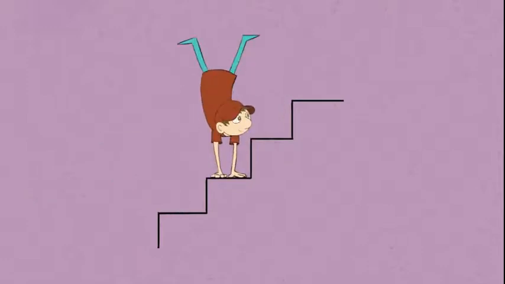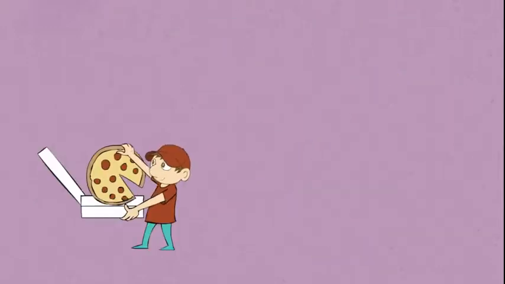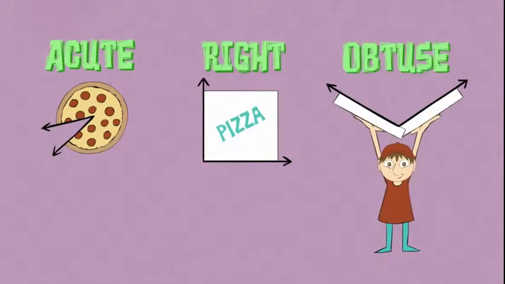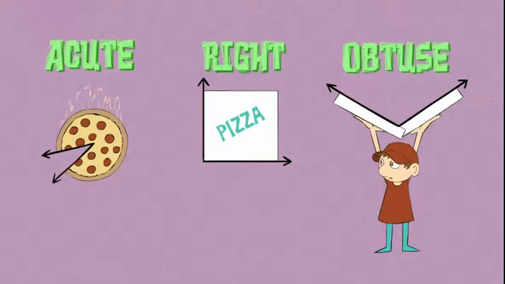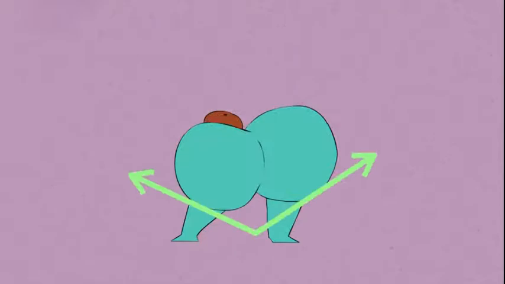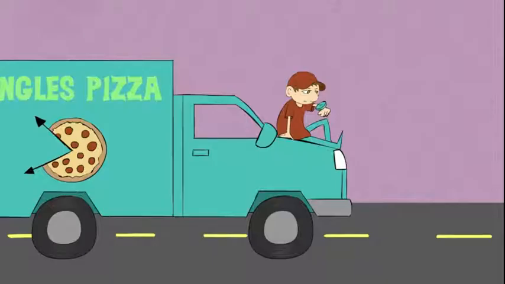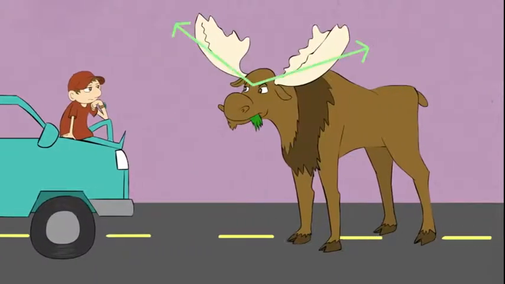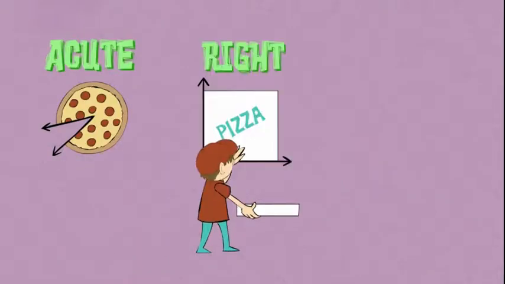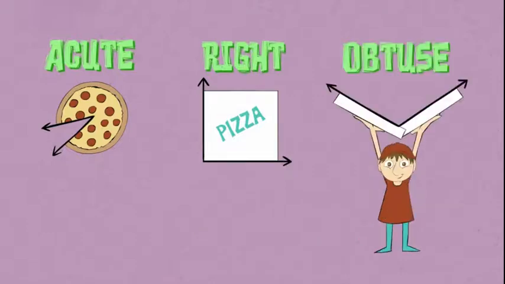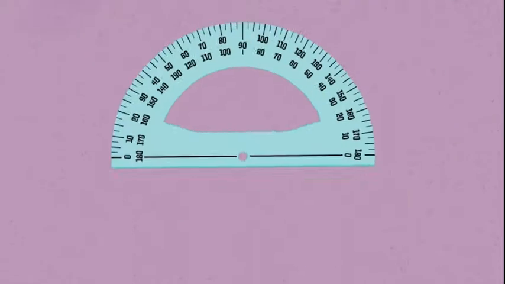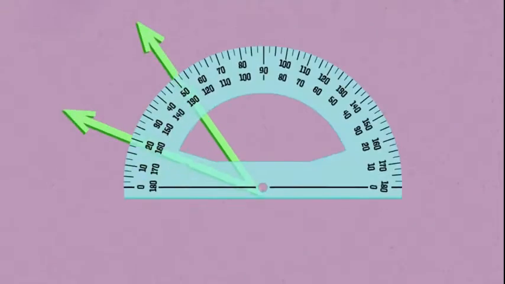From 90 to 180, an angle is obtuse. This angle's kind of fat, it's got a big caboose. To measure an angle's degrees with a protractor, place the vertex at the hole in the center.